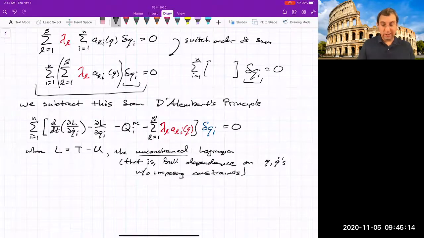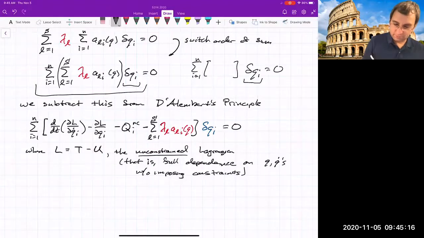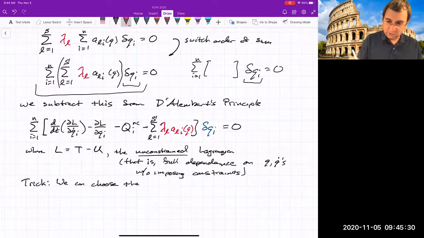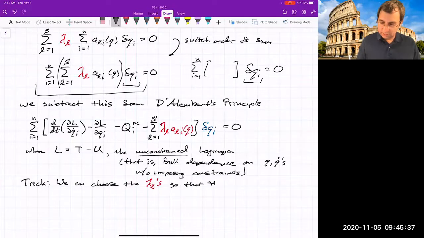So the trick is, and you could read more about it elsewhere because it's tricky, we can choose the lambda_l's so that each of these delta q_i's can vary independently.